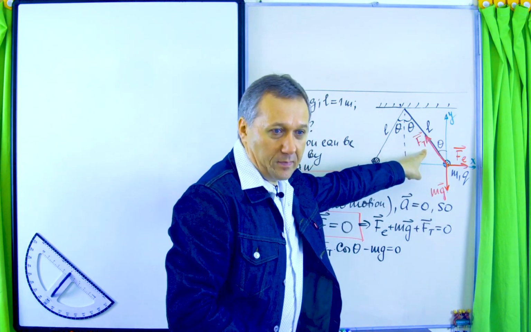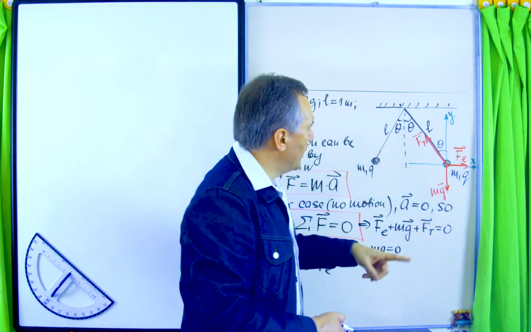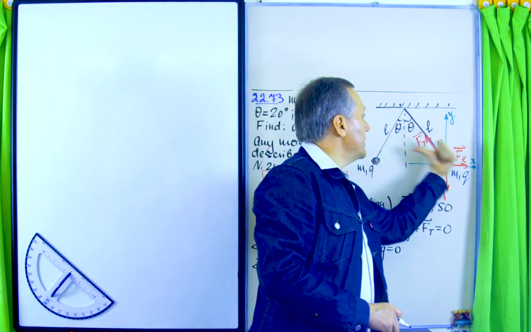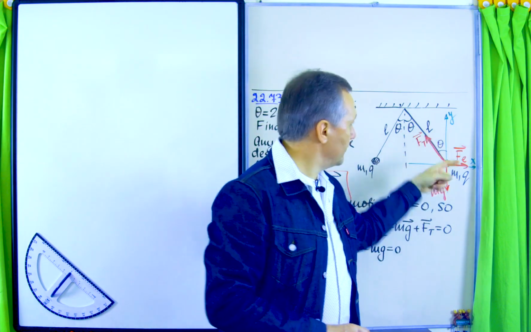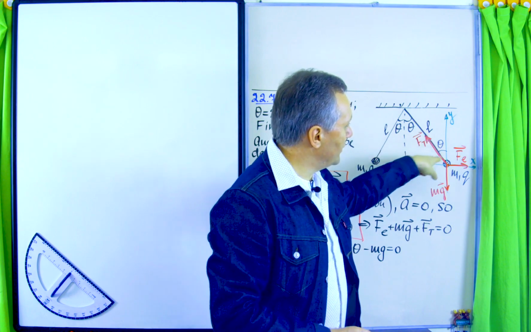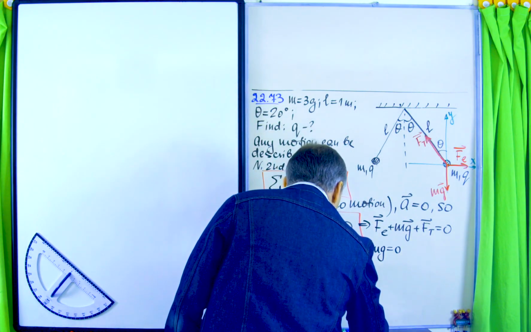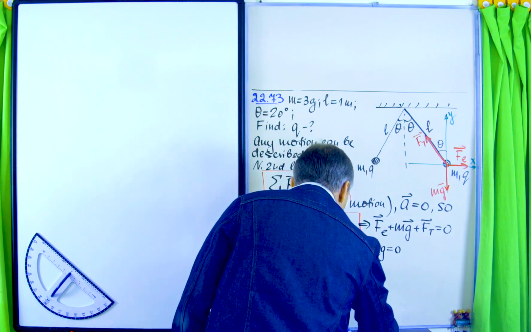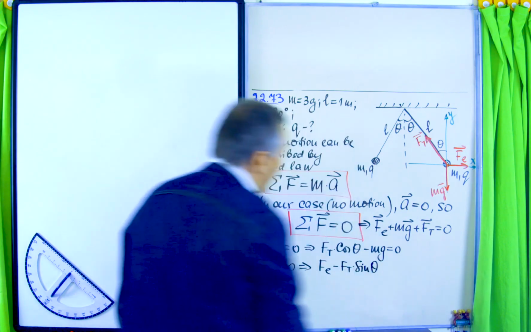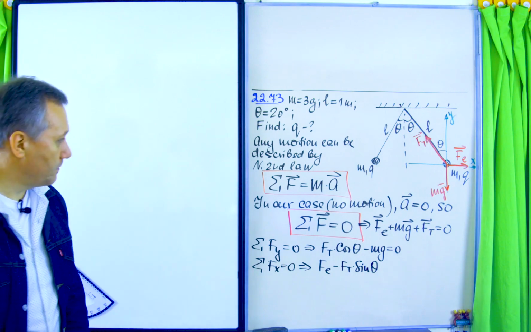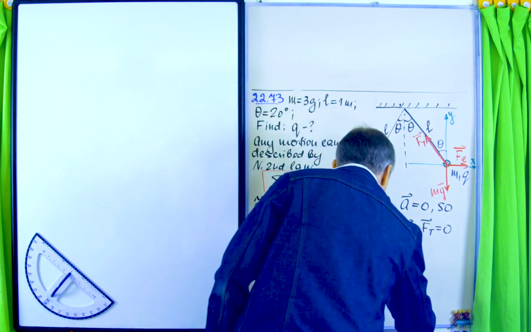Tension: the x component will be in the negative x direction, so it will be minus Ft times sine of angle theta. Okay, that's it. So it must be equal to 0.